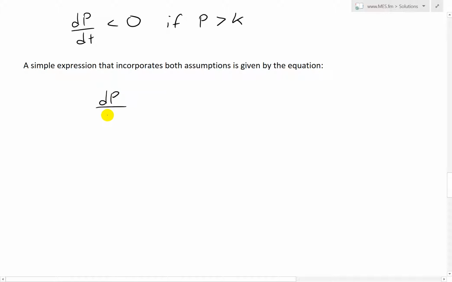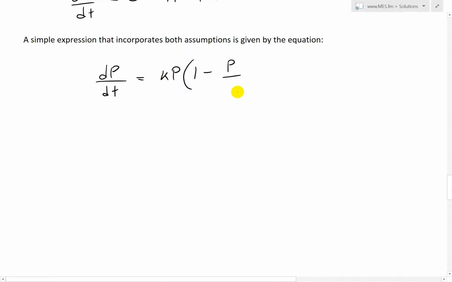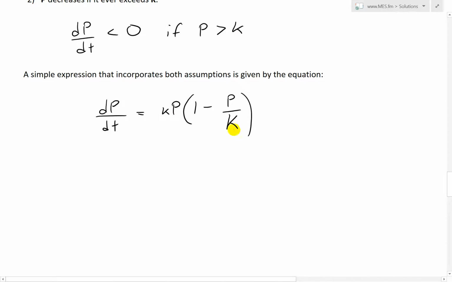If we were to write dP over dt, the derivative equals kP, so it's proportional to this, but we'll add a factor of 1 minus P over K, capital K. So that's small k, and capital K, just to make sure you're not confused.